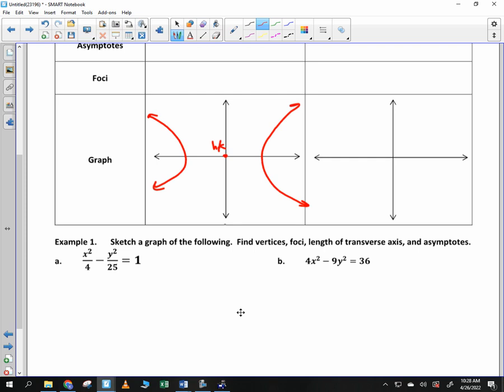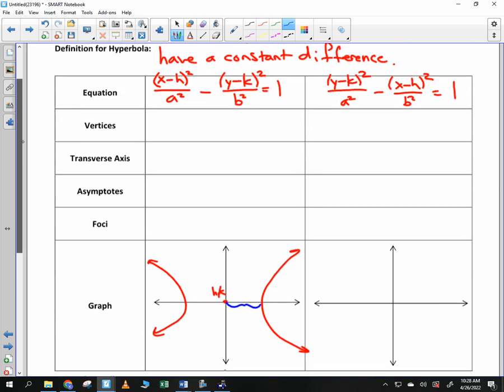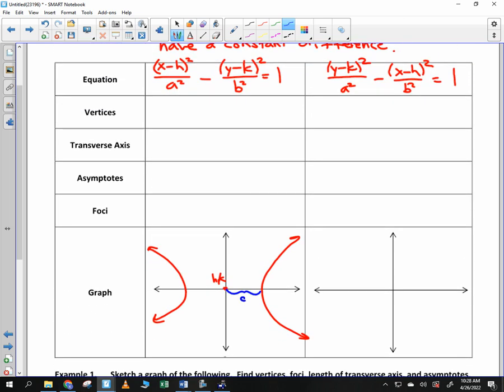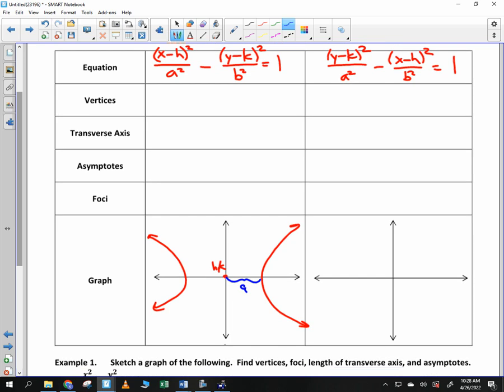So here's what we do: this distance right here is exactly a units, and that distance there is a units as well.